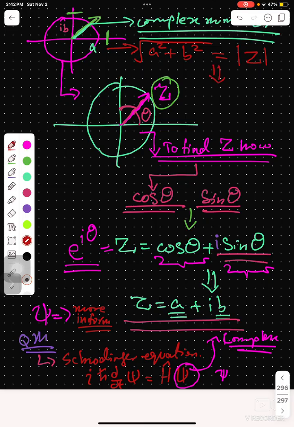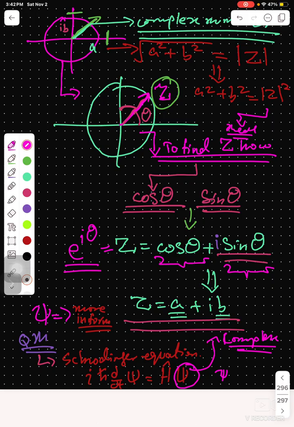So this would convert to a squared plus b squared equals the absolute value of z squared, where they are real numbers. It gives a real number. Okay.